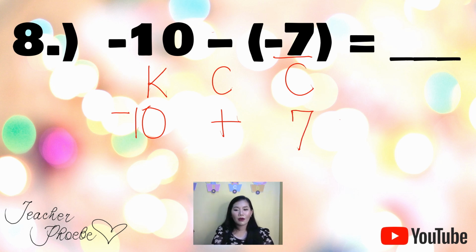And then, to find the answer to this, first, determine the sign of the first integer. Ito ay negative. Yung sumunod ay positive. Ano nga sabi natin? Kapag negative yung isa, tsaka positive yung isa, magkaiba ng sign? Ibawas natin yung 7 sa 10. Disregard the sign. So, ang matitira ay 3.